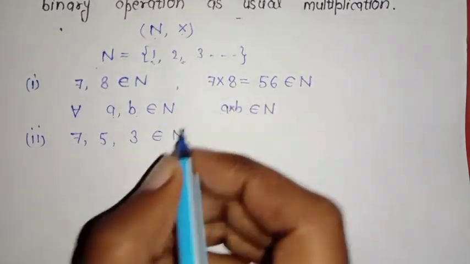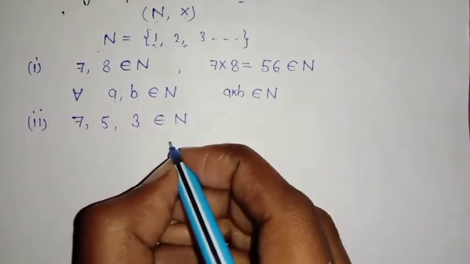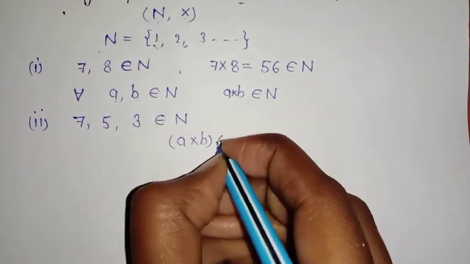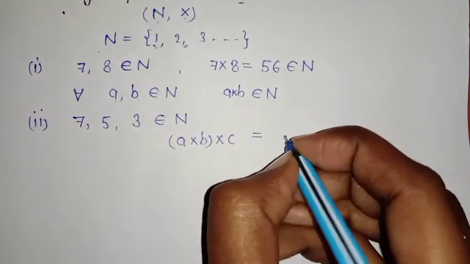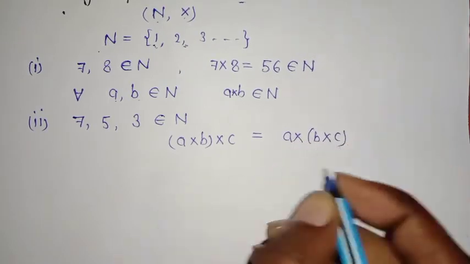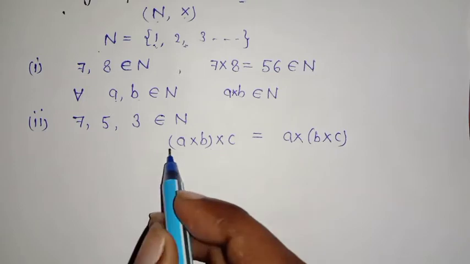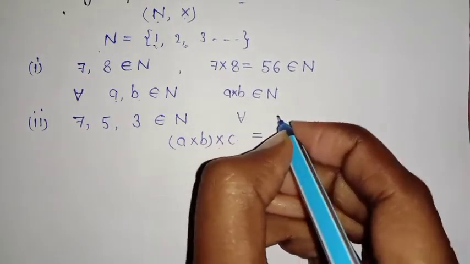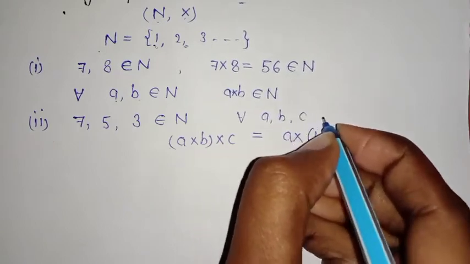So if we apply the operation, that is (a into b) into c is equal to a into (b into c), and this condition is satisfied for all a, b, c belongs to N, then we can say that the associative property is holding here.